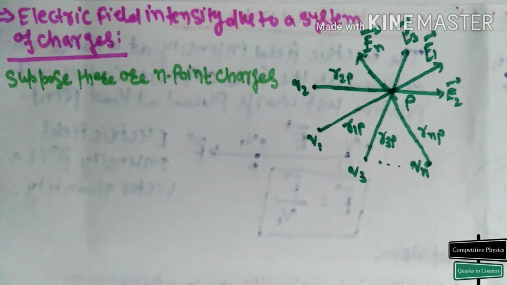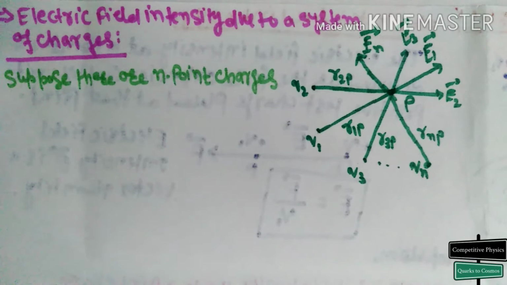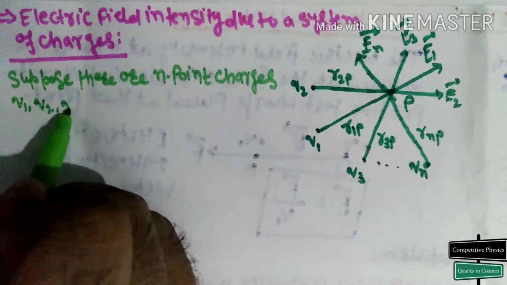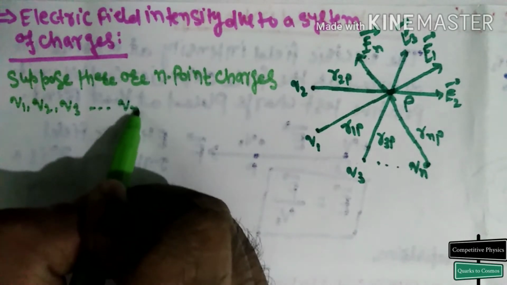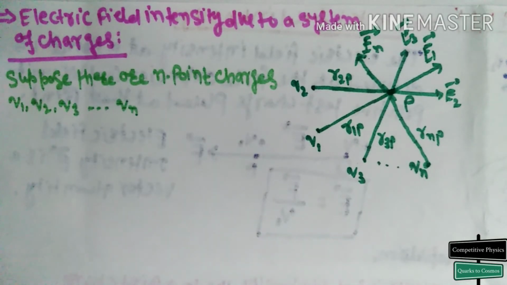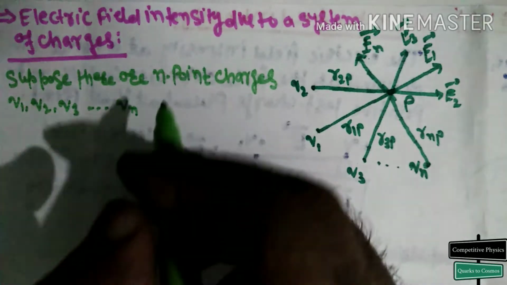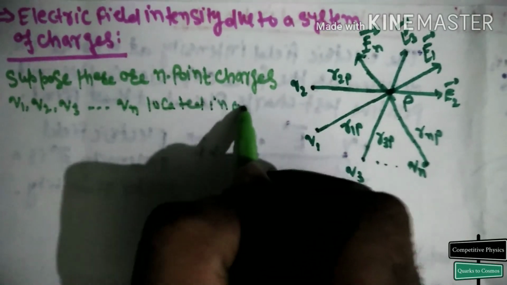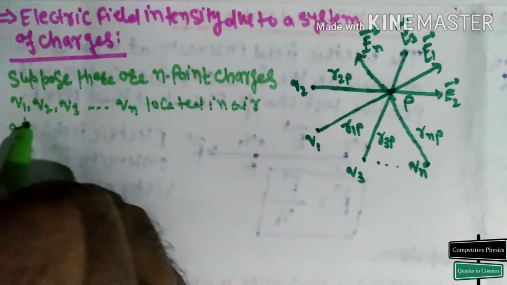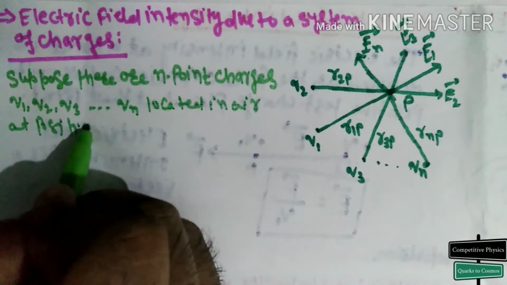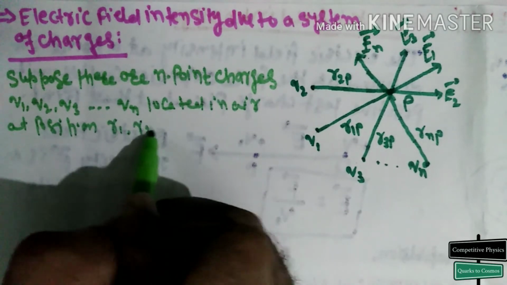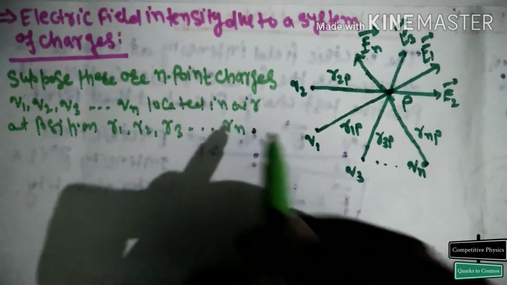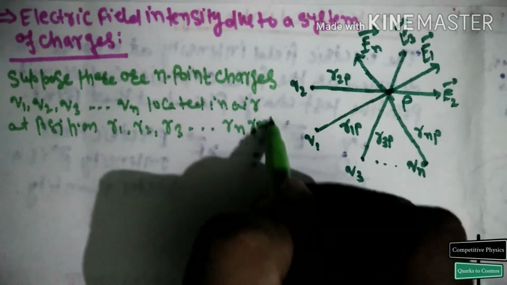Well, let us write now. So suppose there are n point charges q1, q2, q3, and so on up to qn located in air at position r1, r2, r3, and so on up to rn respectively.